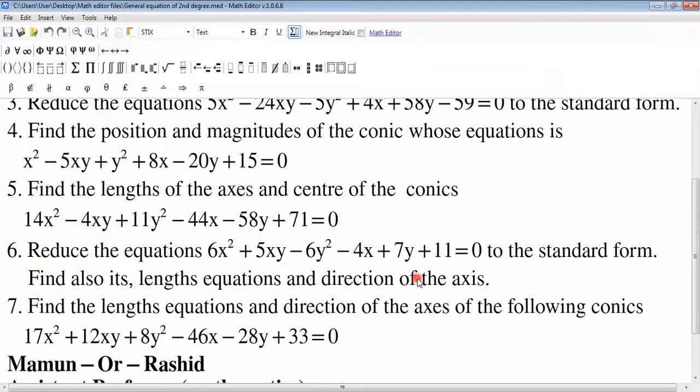We have to find the length of the major axis and minor axis, and the equation of the major axis and equation of the minor axis. Then we found the direction comparing with y equal to mx plus c, where m is the slope. At last we have solved this problem.